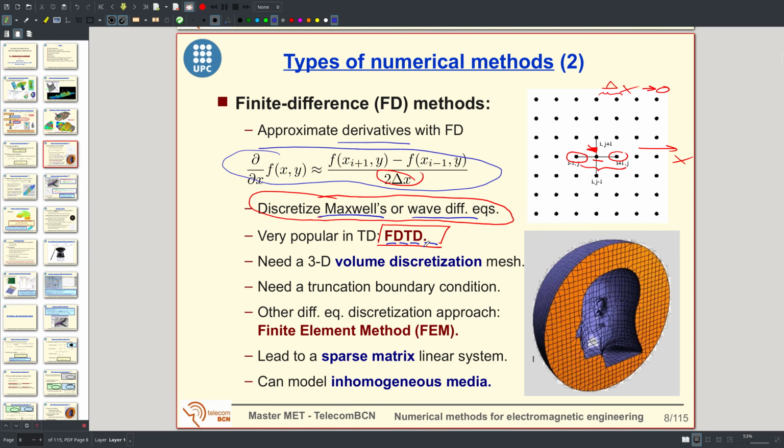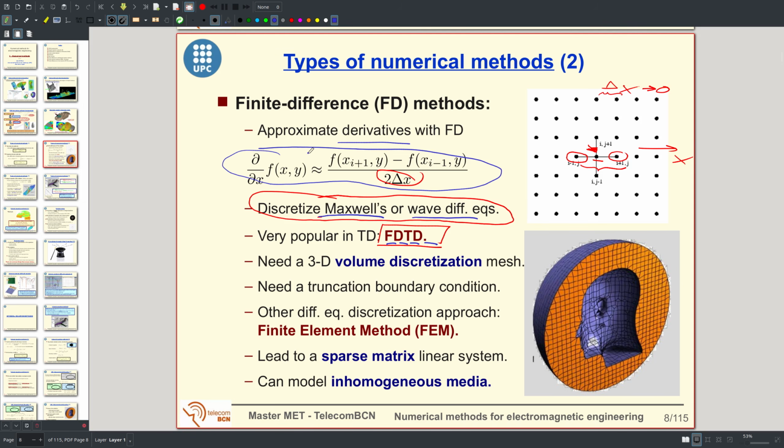So in the 1960s, about 1966, if I remember it right, it was the first code to analyze an electromagnetic problem in 3 dimensions using finite difference in time domain, because it's quite easy to discretize Maxwell equations in that way.